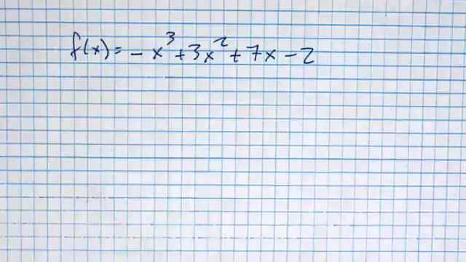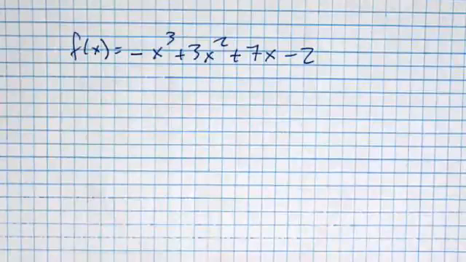We're going to graph this and find our zeros. However, this one, I don't think we're going to be able to factor this one. So we're using a calculator for this.